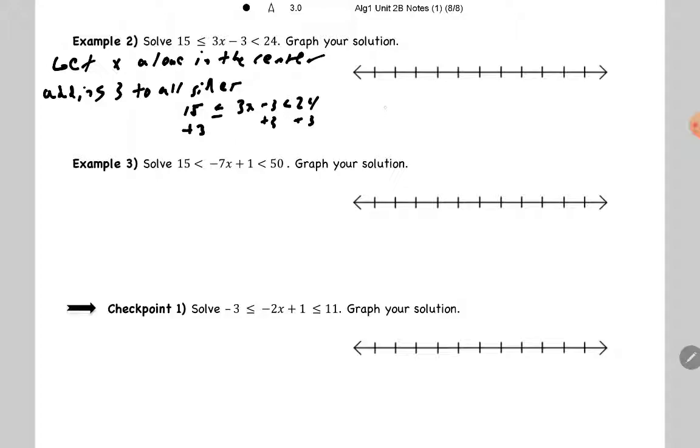Now I will have 18 is less than or equal to 3x, which is less than 24. 3 is being multiplied by x, so I'm going to divide by 3 on all sides. 18 divided by 3 is 6, less than or equal to x, which is less than 8.